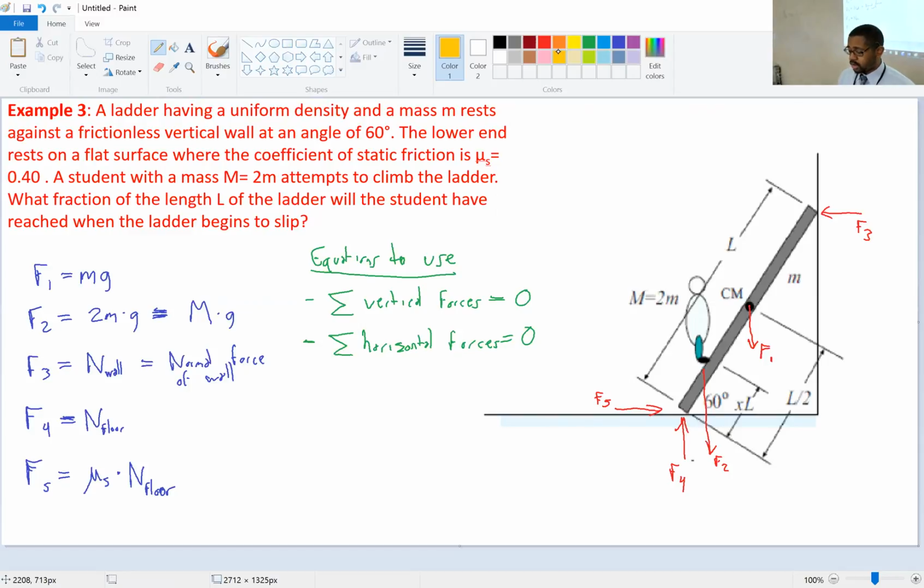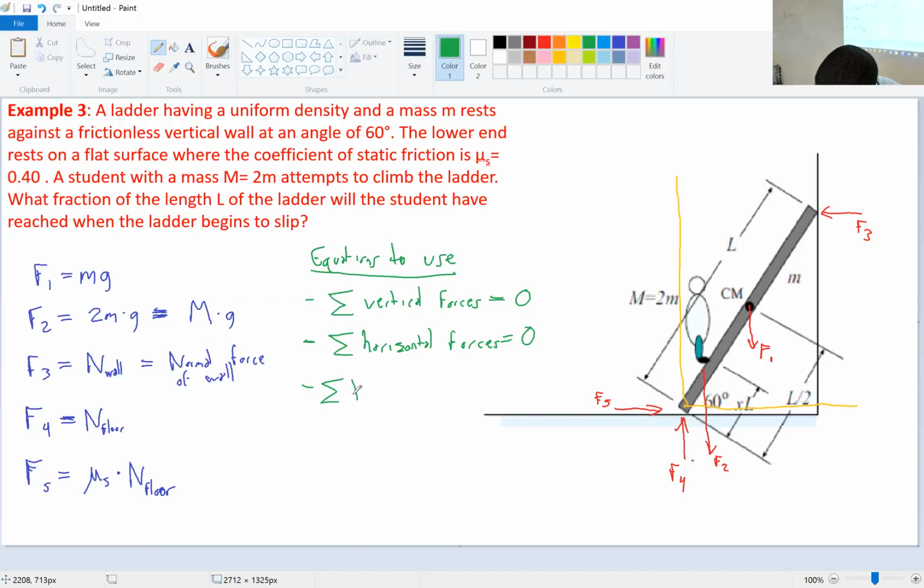We can use torque, the sum of the torques, excuse me, we can set that equal to 0. So what he recommends is just put the axis here, so you don't have to worry about F5 or F4, those can kind of go away, and then you just have some of these torques.